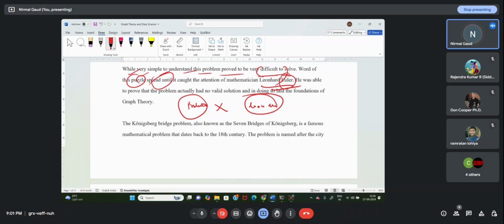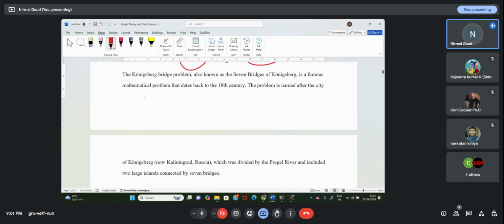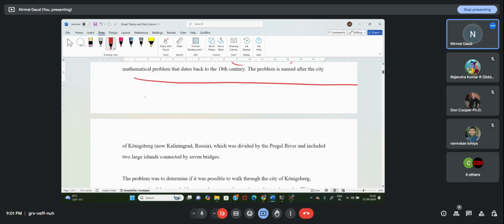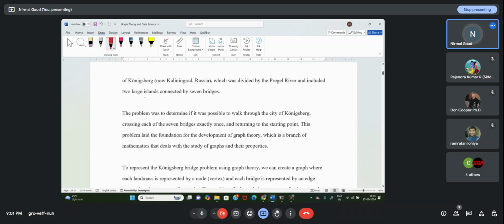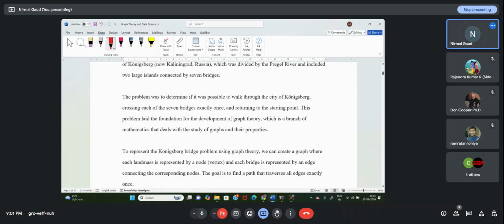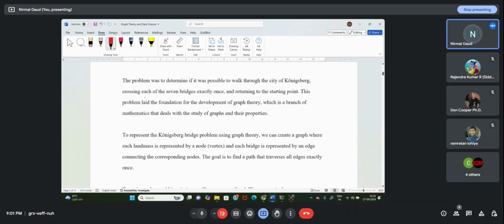All right. The Königsberg bridge problem, also known as the seven bridges of Königsberg, is a famous mathematical problem of the 18th century, named after the city. The problem was to determine whether it is possible to walk through the city of Königsberg across each of the seven bridges exactly once and return to the starting point.